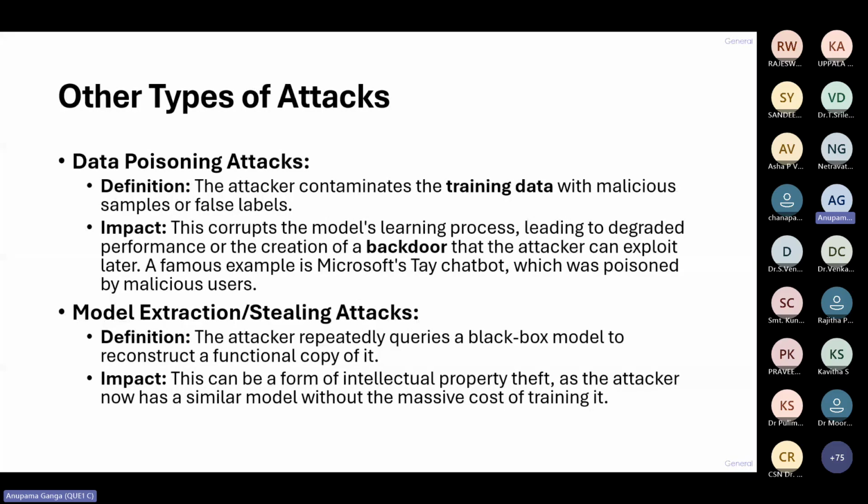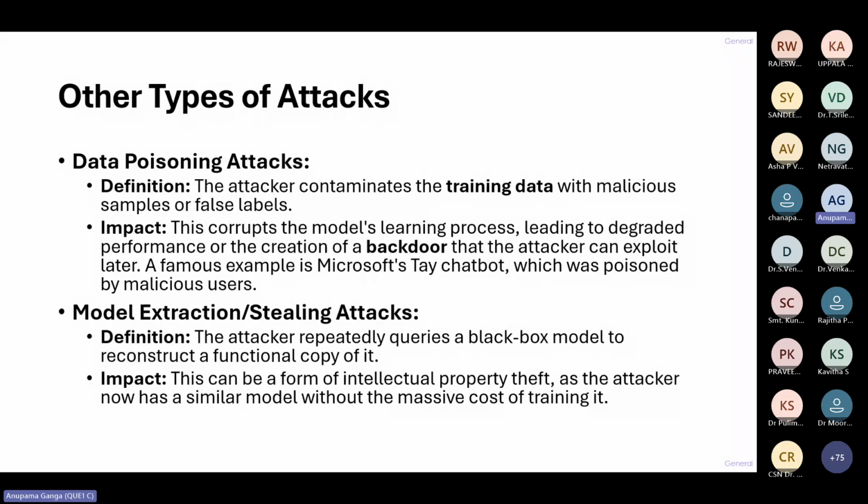Even if it gives 100 correct answers, one wrong answer will get a lot of attention, right? So that's how the trust is broken. And in safety critical applications, it can have severe consequences, right?